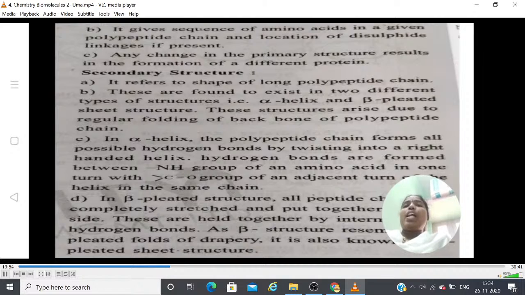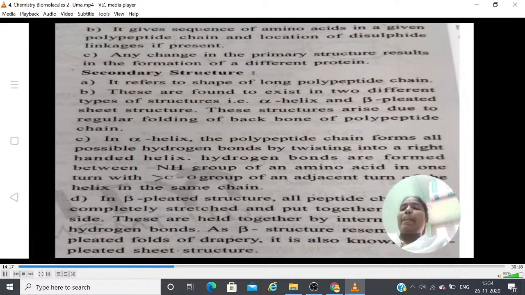That means the amine group and the carboxylic group are twisted, and then we get the alpha helical structure.